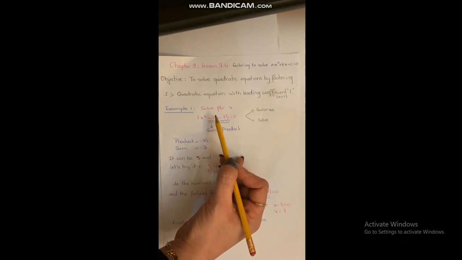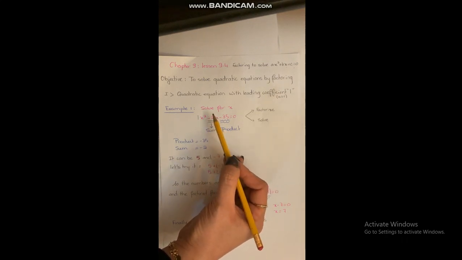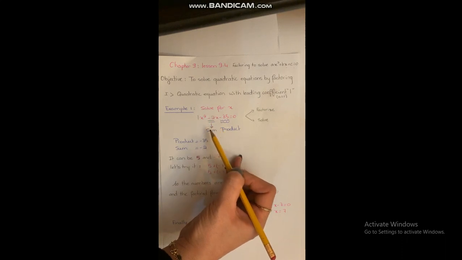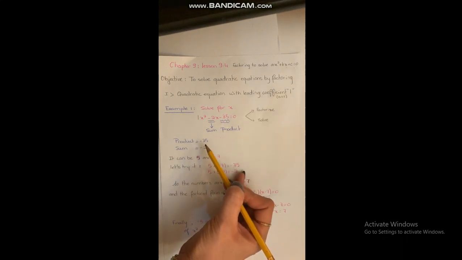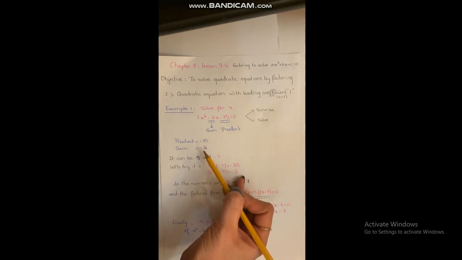The sum of two numbers is represented in the equation by -2. The product of two numbers is represented by -35. So we need to think about two numbers where their product is -35 and their sum is -2.